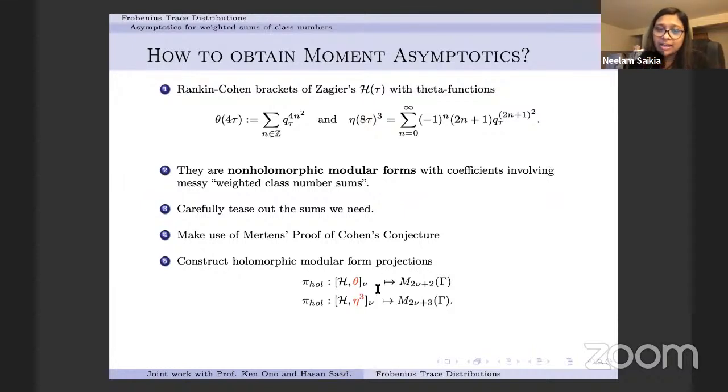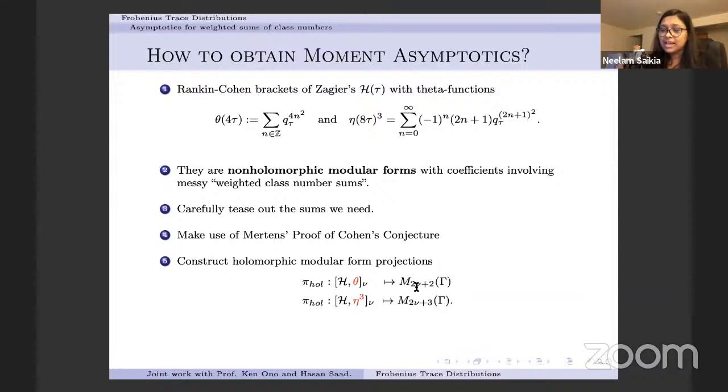So we apply the holomorphic projection to these Cohen brackets. Once we apply this holomorphic projection on this bracket, it becomes a modular form. And when this becomes a modular form, we apply Martin's theorem, Martin's proof of Cohen's conjecture.